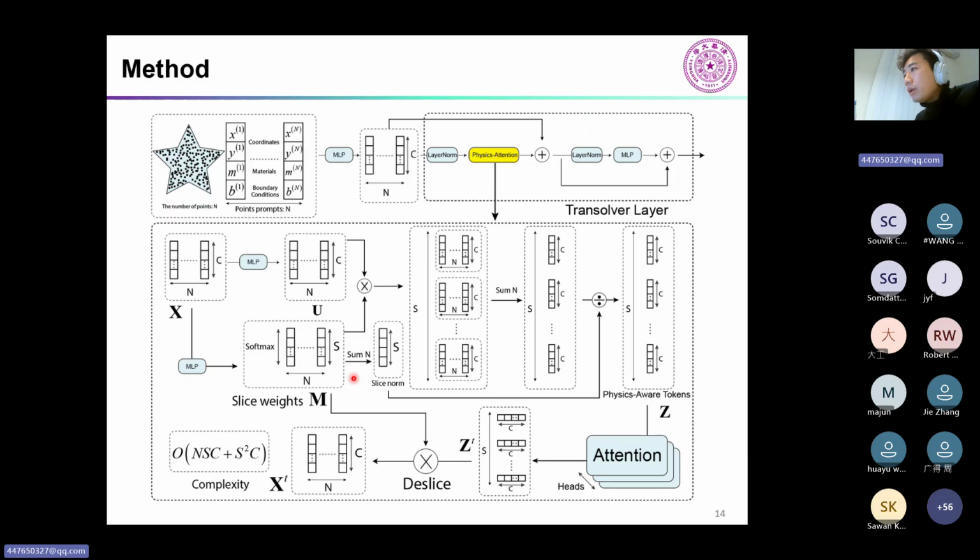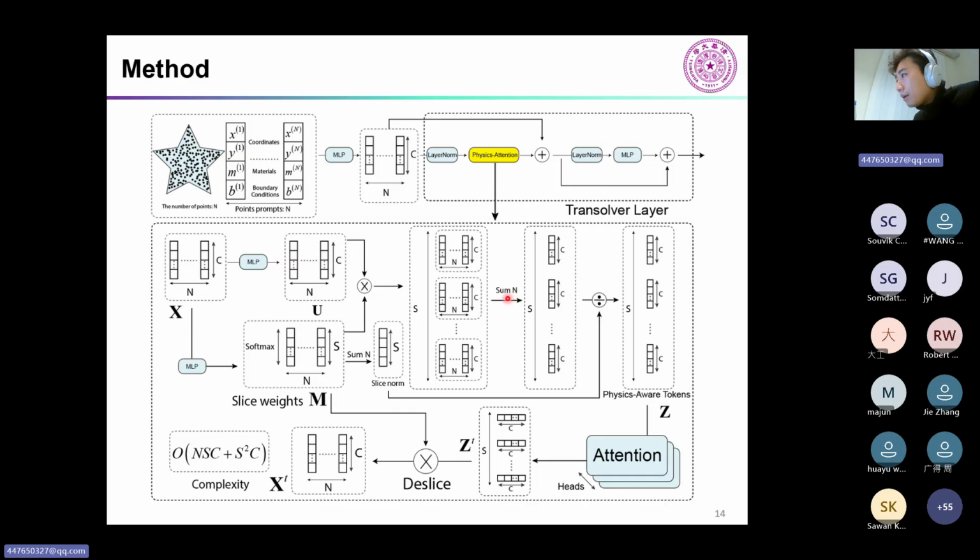For example, there is a C by n matrix, and we take one slice weight vector, which is 1 by n. Multiplying 1 by n with U, we get one matrix with the same shape as U, C by n. Because we have S dimensions, we get S matrices. Each matrix has the same shape, C by n.